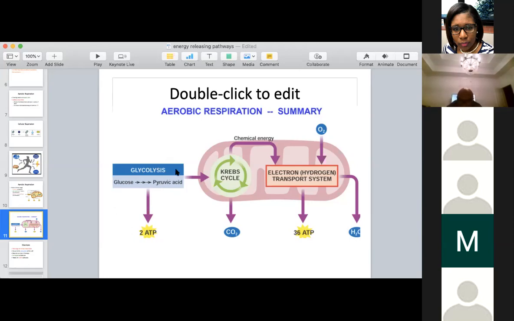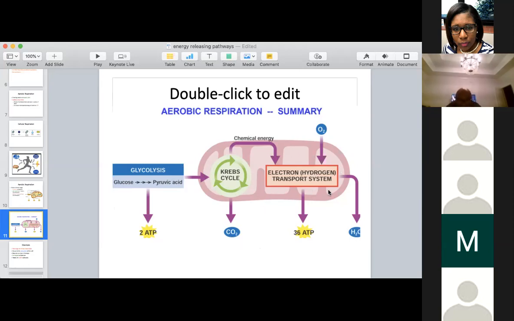Glycolysis is taking place in the cytoplasm. The next step in this phase is the citric acid cycle. The citric acid cycle, also known as the Krebs cycle, takes place inside of the mitochondrion. It's also going to release 2 molecules of ATP.